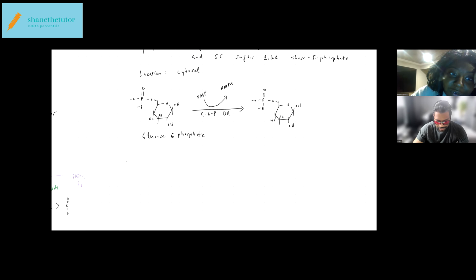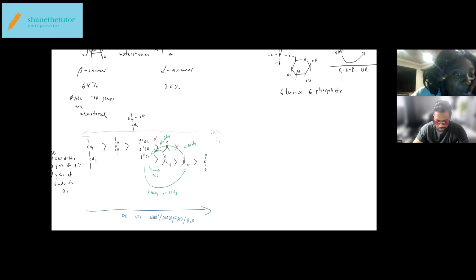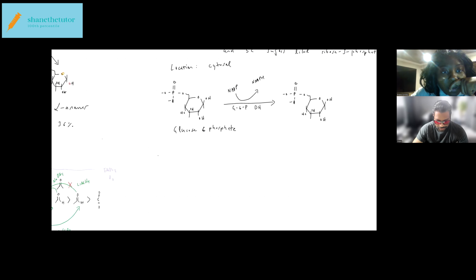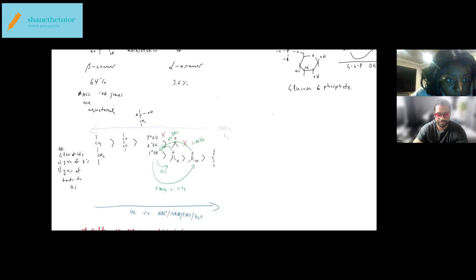What functional group do we see in glucose 6 phosphate? Hydroxyl groups, right?